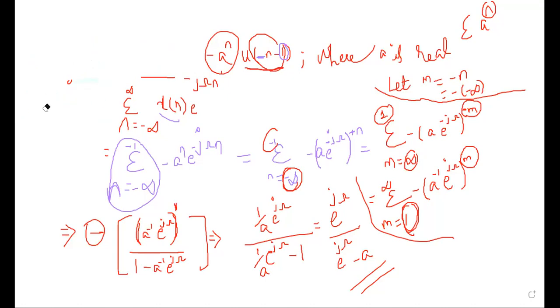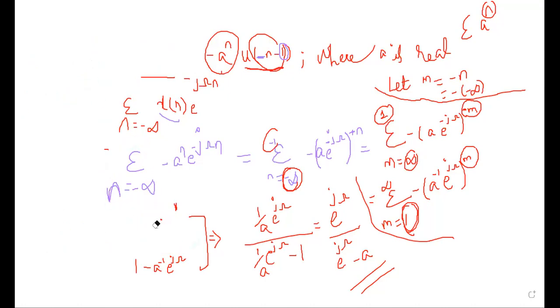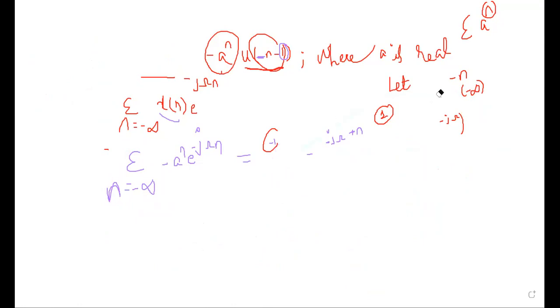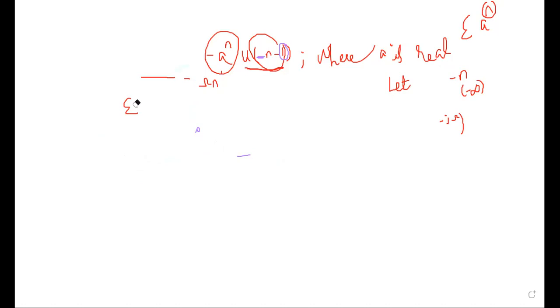I'll just erase this because we have completed this problem. I think there is no doubt in this. And today you can try the assignment with the help of all these problems which we have solved. Till the portions covered, you can solve the assignment problems.